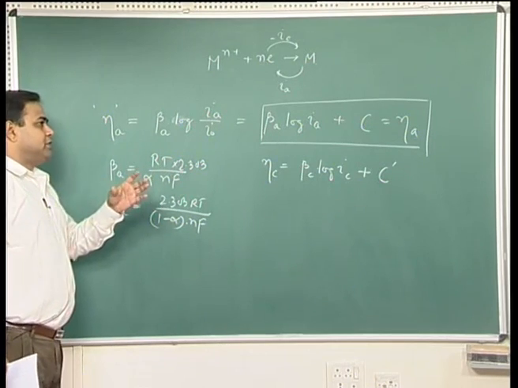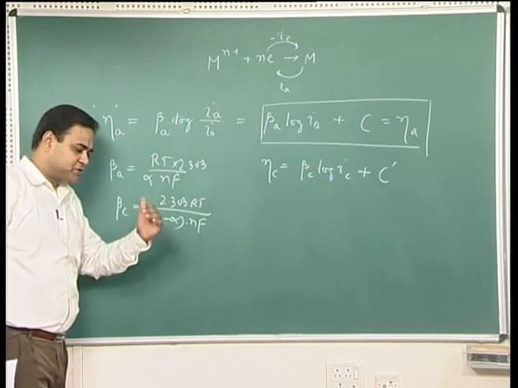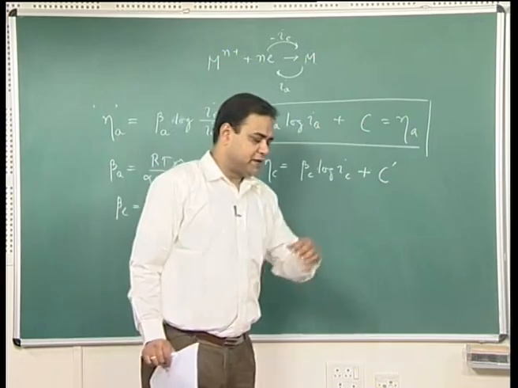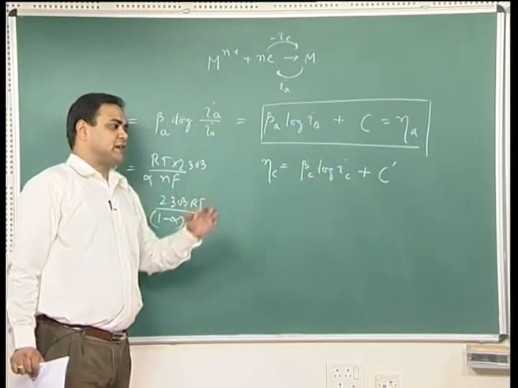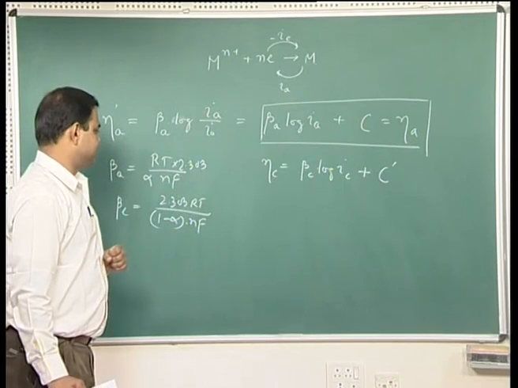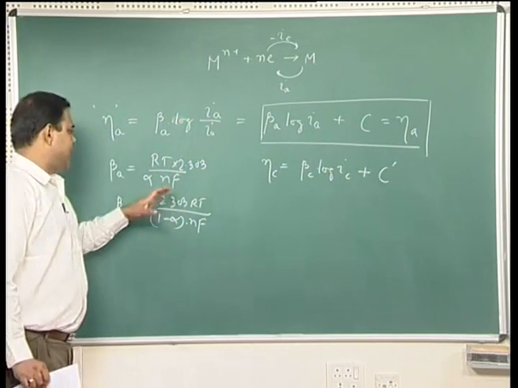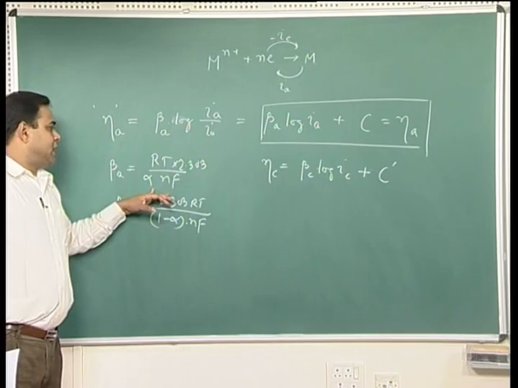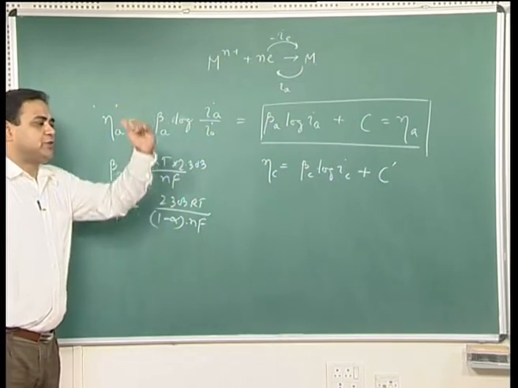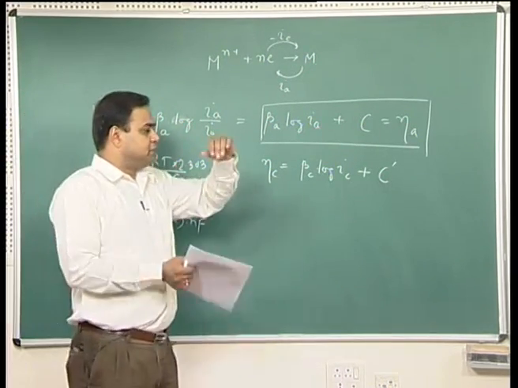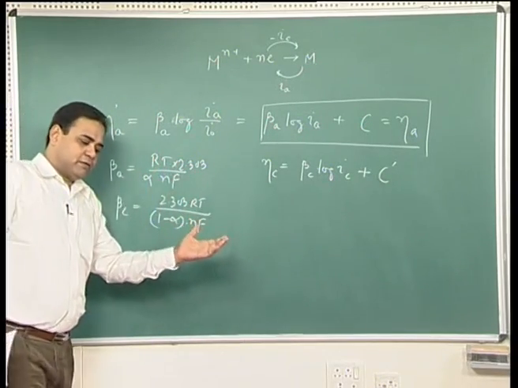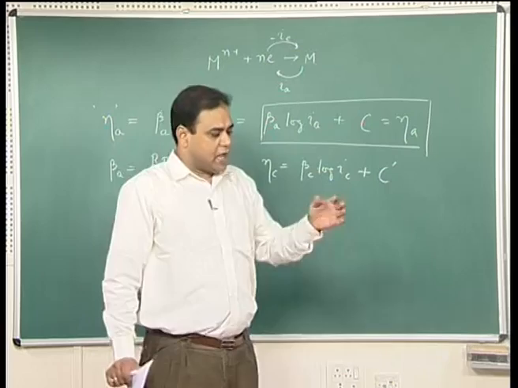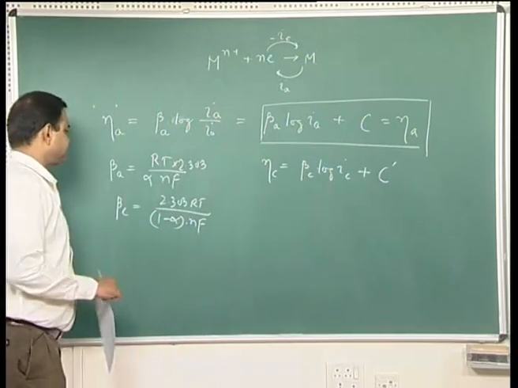and generally we take it as 0.5. So, the distribution of energy states or energy level of the ionic species as well as the atomic species will vary as per this alpha, and if alpha is 0.5, there would be equal change in the anodic side as well as cathodic side.